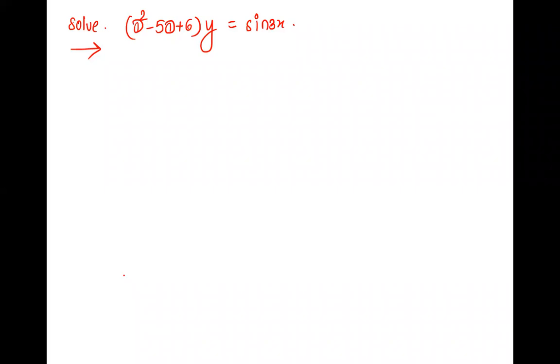So is it clear in your mind now what we are going to use? Yes, ma'am. Which case are we using? Sin ax plus b. Very good. So before that we need to find yc. Go find yc.